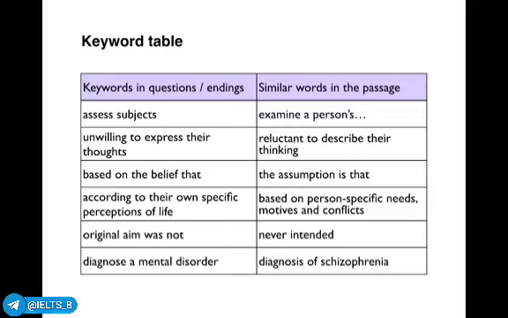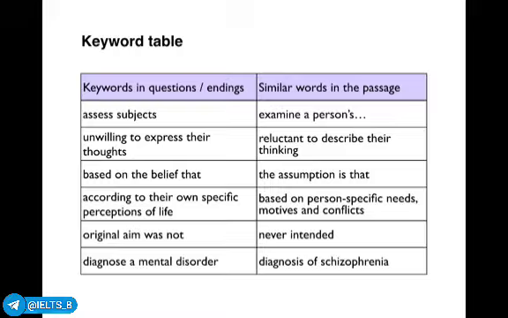Assess subjects, examine persons, unwilling to express their thoughts, reluctant to describe their thinking, based on the belief that, the assumption is that, according to their own specific perceptions of life, based on person-specific needs, motives and conflicts. Original aim was not, never intended, diagnose a mental disorder, diagnosis of schizophrenia. As usual, we find the answers by matching the keywords. The similar vocabulary in the questions and in the passage is what gets us those answers.